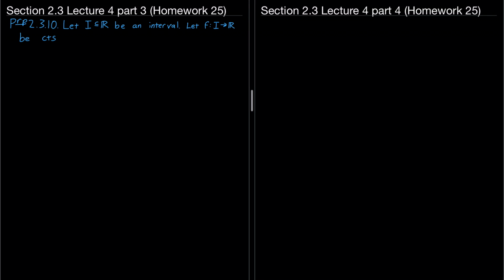And remember, we have defined what it means to be differentiable at an endpoint. It just means your limit only sees points in the interval. And we are also going to require that f be injective. So f has to be 1 to 1 on this interval.